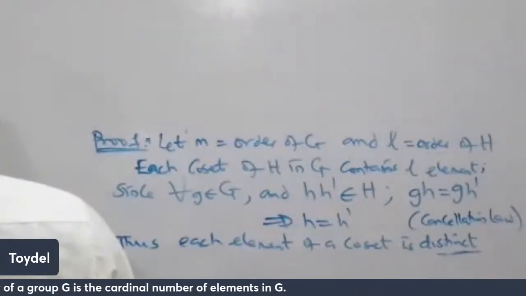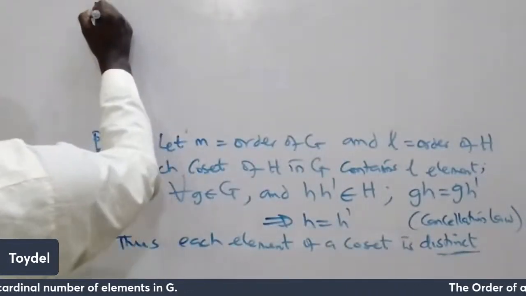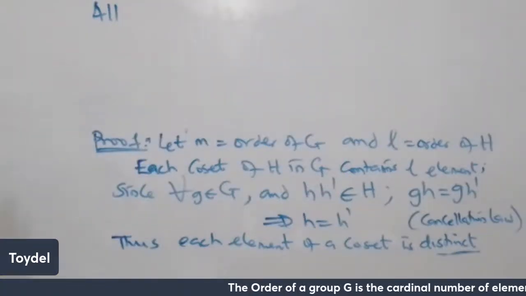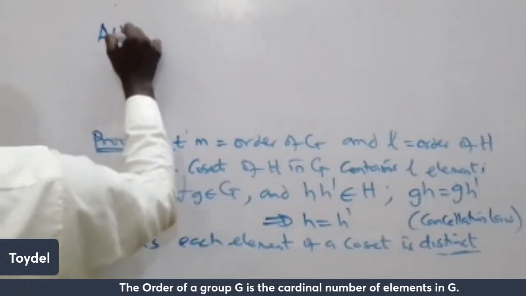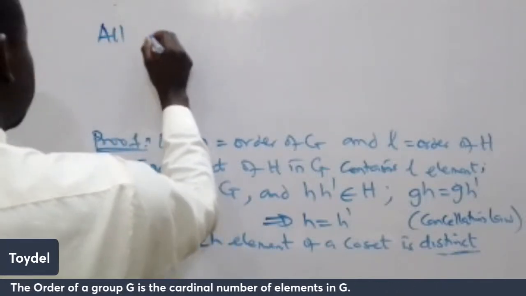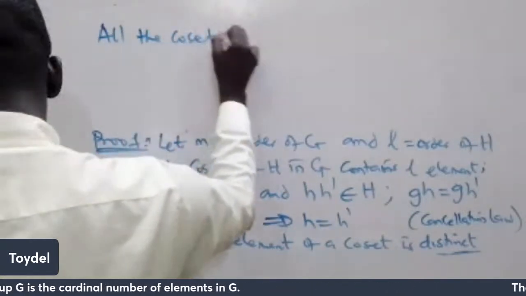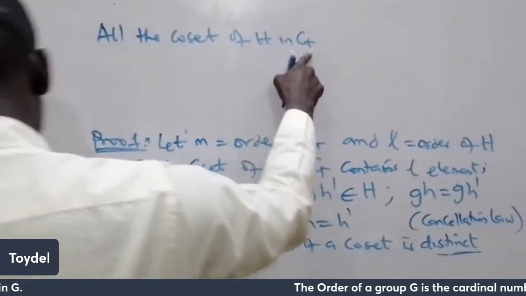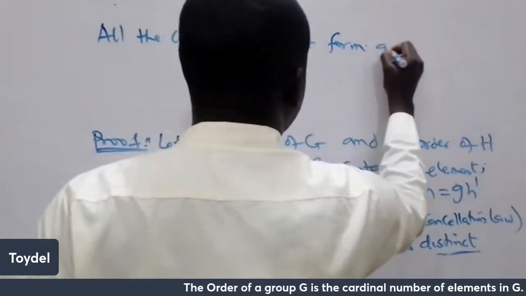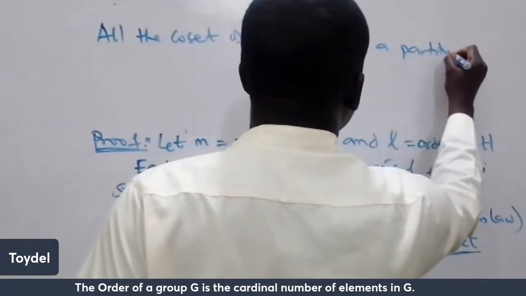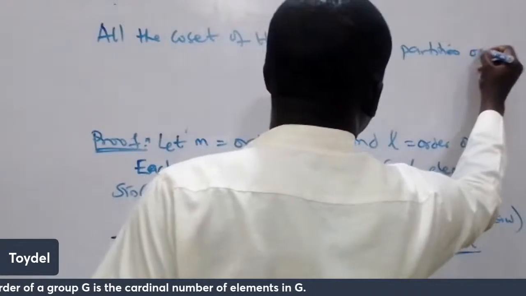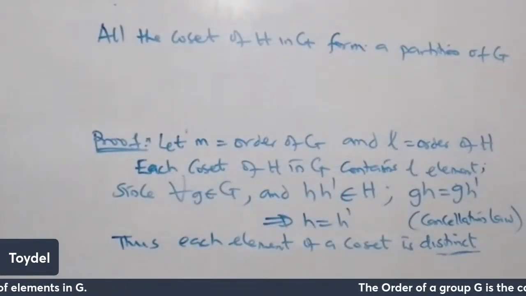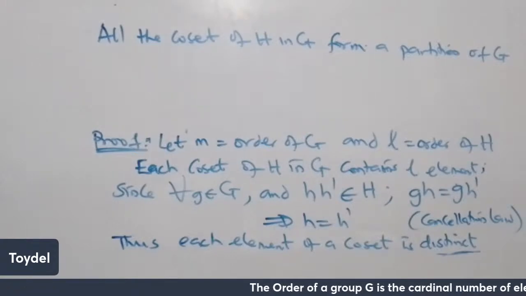Since we have established that, we can make this assertion: all the cosets of H in G, where H is a subgroup of G, form a partition of G. So please, let's note that.